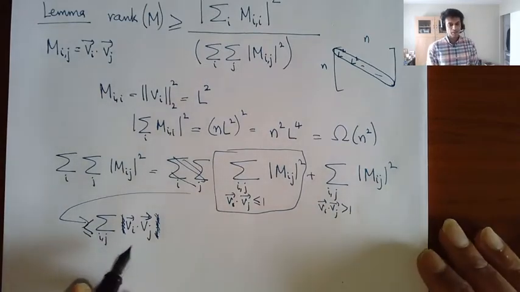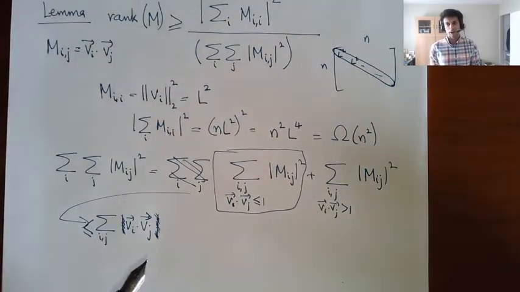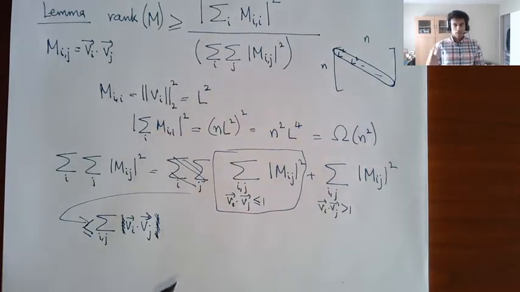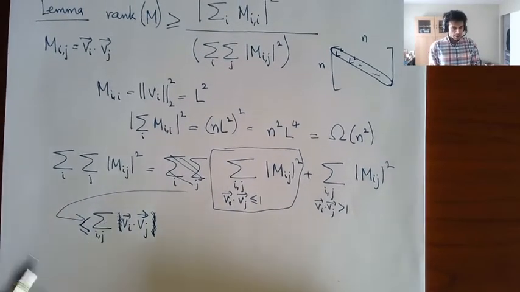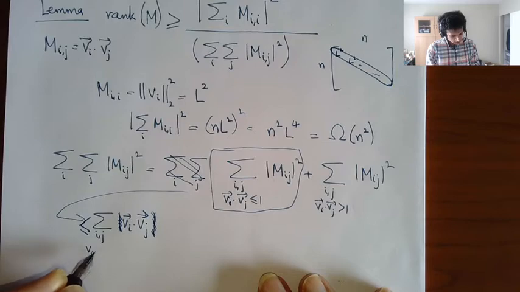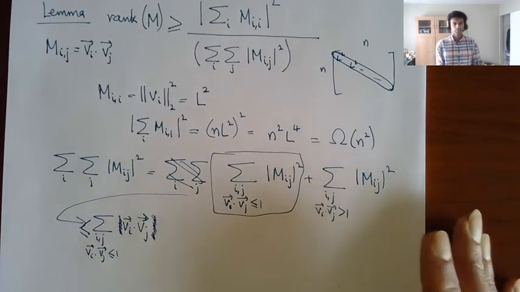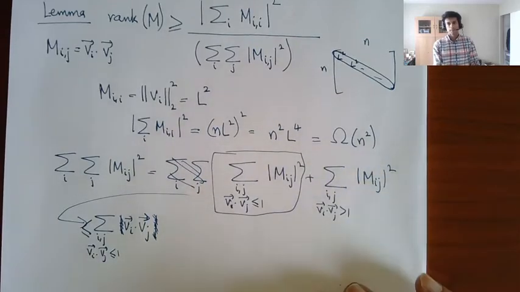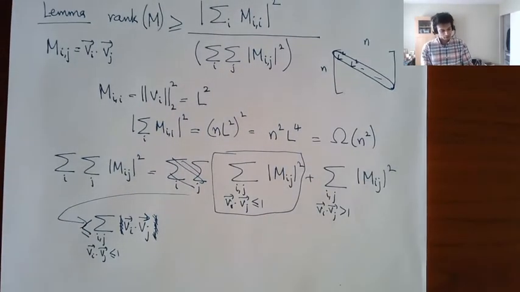So this is simply the sum of entries of the Gramian matrix, where of course vi dot vj was less than 1. But this vi dot vj is exactly the probability of an edge being present.